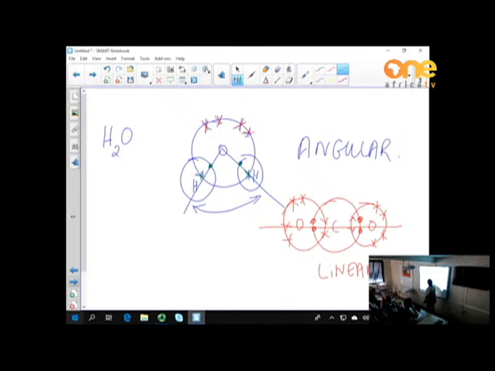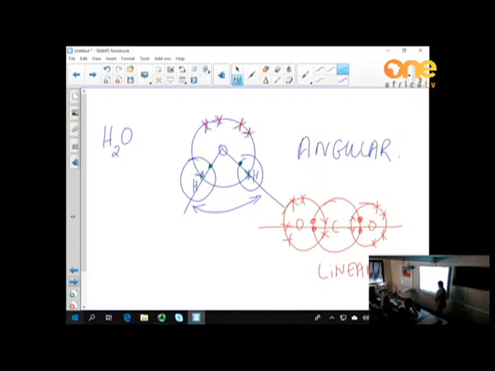And then we find the repulsion between the two single pairs is very strong, so they push each other away as far as possible. Then this pair is going to repel that pair, and this pair is going to repel that pair, slightly weaker than what the single pairs repel each other, but stronger than what the bonding pairs repel each other. And it pushes the hydrogen atoms down into an angular molecule.